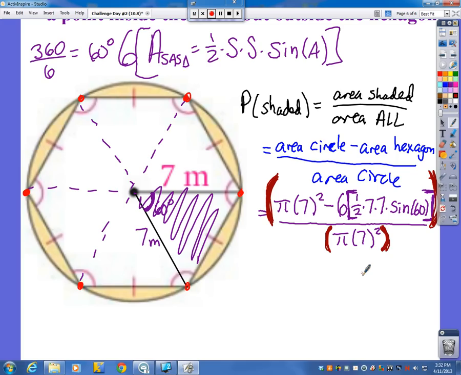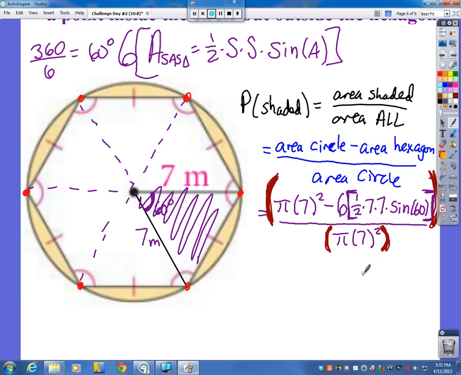So if I were to type this in real quick: parenthesis, pi times 7 squared minus 6 times 0.5 times 7 times sine 60, end parenthesis, all divided by parenthesis, pi times 7 squared, end parenthesis.